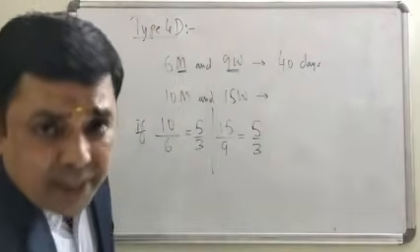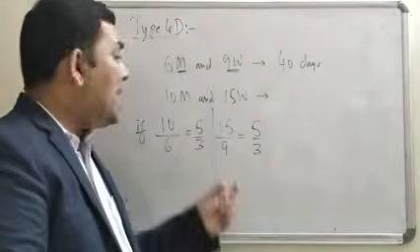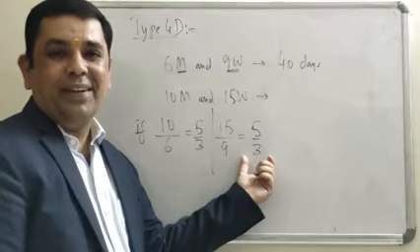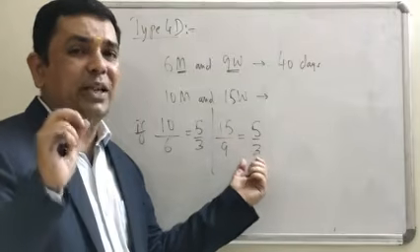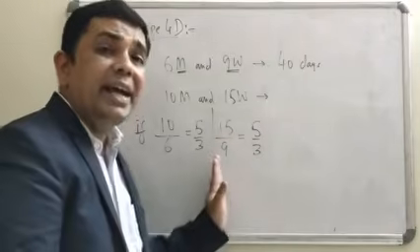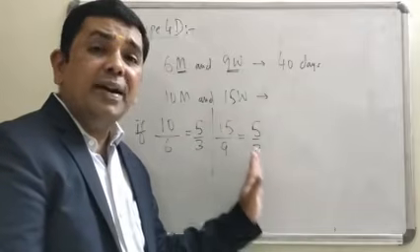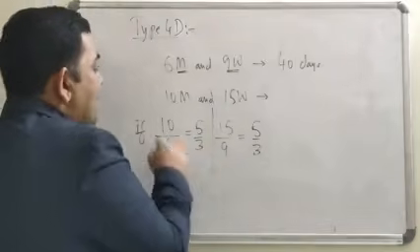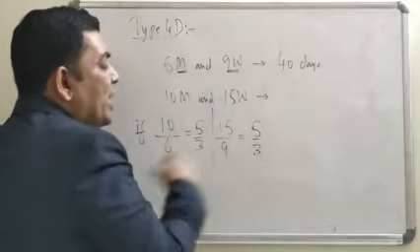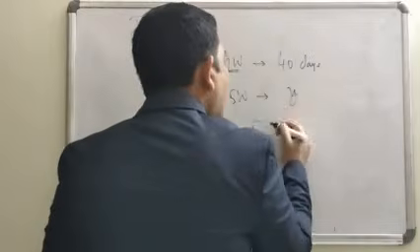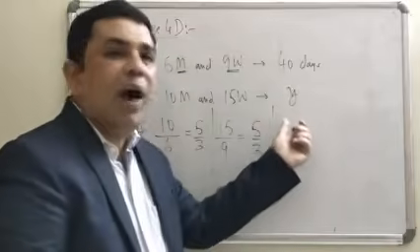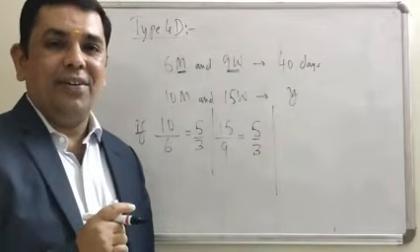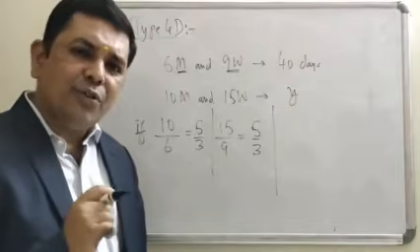Now there is a mistake that many people will commit even after doing everything, and this is beautiful. Please listen to this. There is a mistake that students will commit even after knowing everything. And what is that mistake? 10 by 6 is 5 by 3, so 15 by 9 is 5 by 3. They will say that y by 40 is also 5 by 3. This is wrong. Why is this wrong?